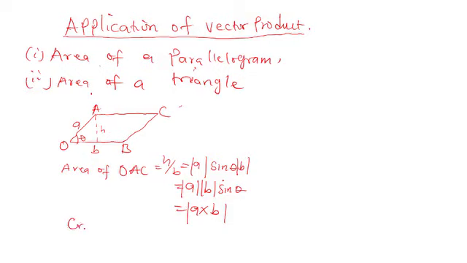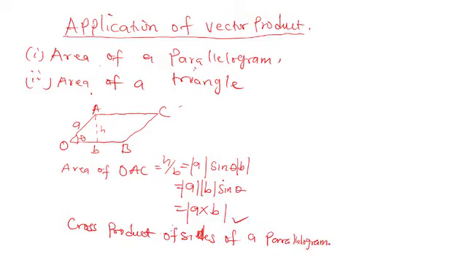So the cross product of sides of a parallelogram is the same thing as its area.